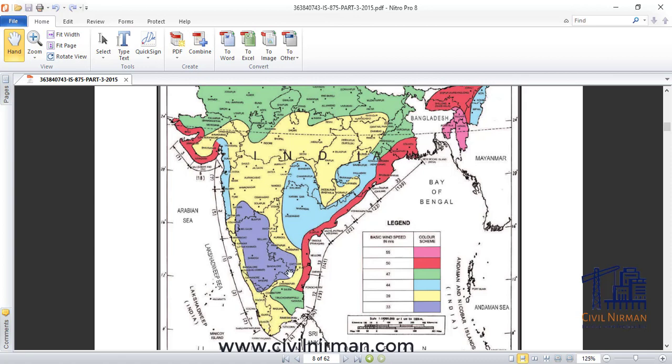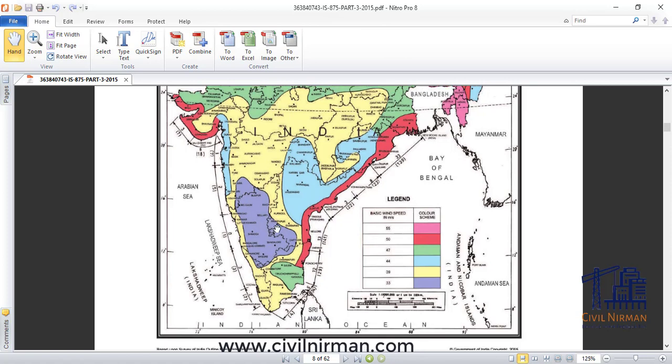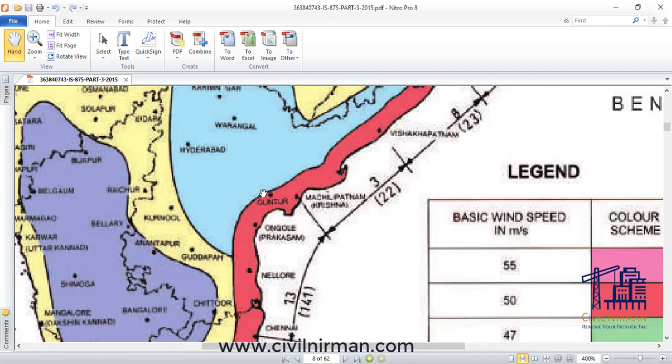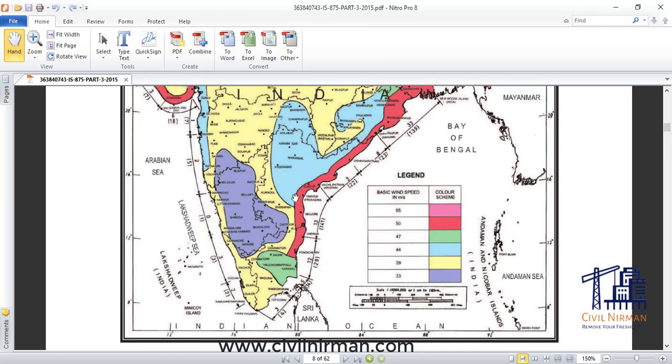That particular part in the southeast region is considered as a cyclonic affected region. So up to a few kilometers, if your structure is located nearby this cyclonic affected area, you have to take that value as 1.